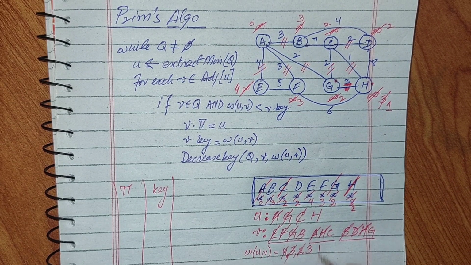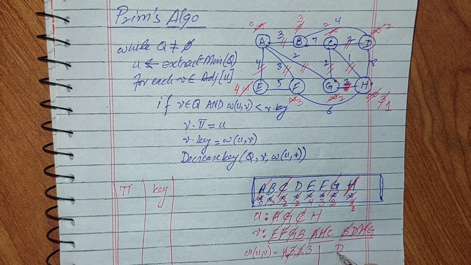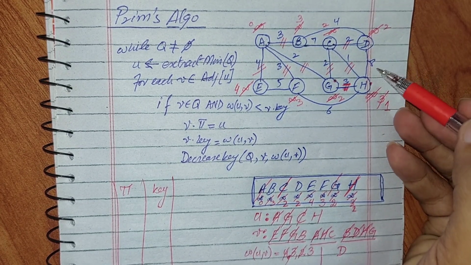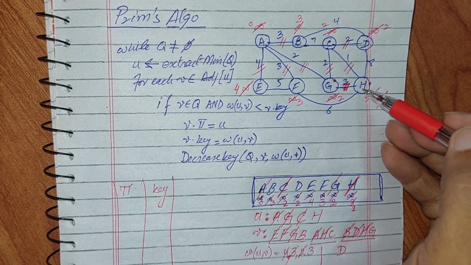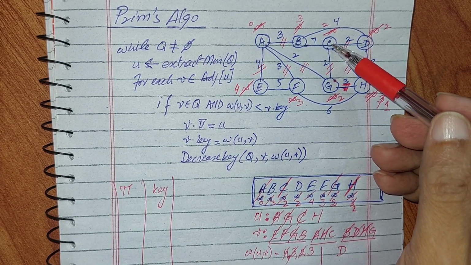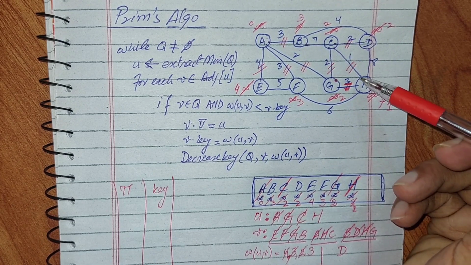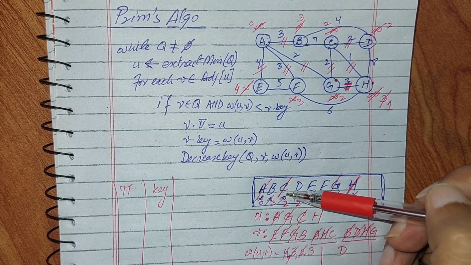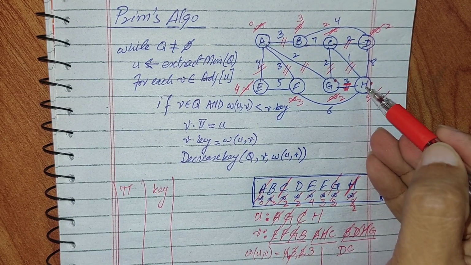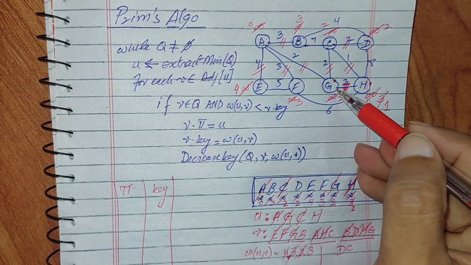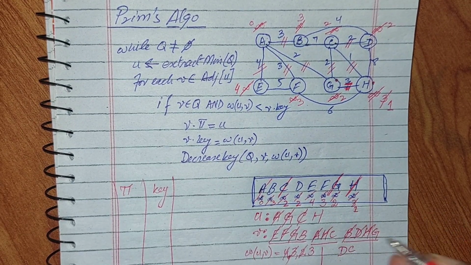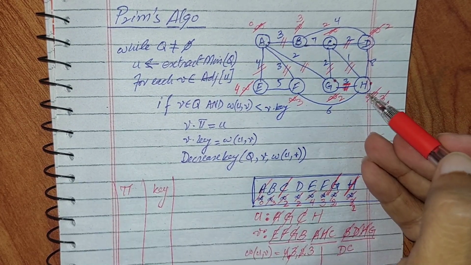First of all, we see that D is a neighbor of H, but its cost is less than 8, so it is not being explored. The next neighbor is C, but C is not in the queue. The next neighbor is G, which is also not in the queue, so we'll skip this one.